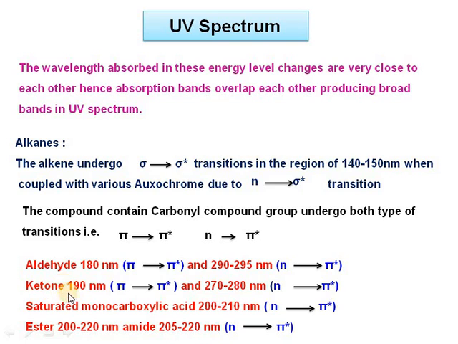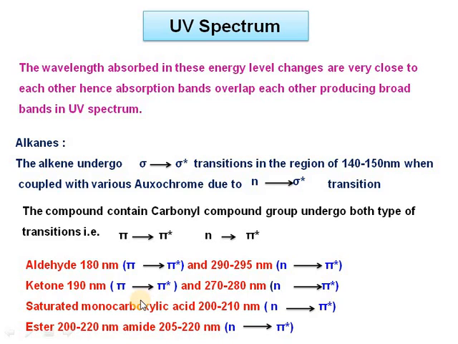Next, ketones. For ketones, the value of 190 nanometers is found due to pi to pi star transitions, and 270 to 280 nanometers is found due to n to pi star transitions. Similarly, one more example is saturated monocarboxylic acids, which are found at 200 to 210 nanometers due to n to pi star transitions.